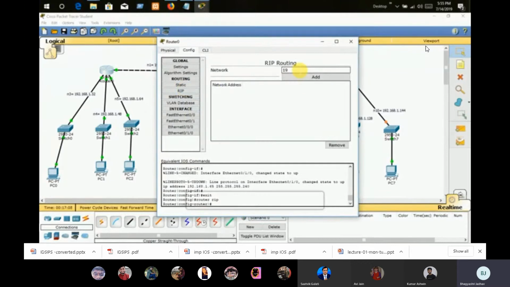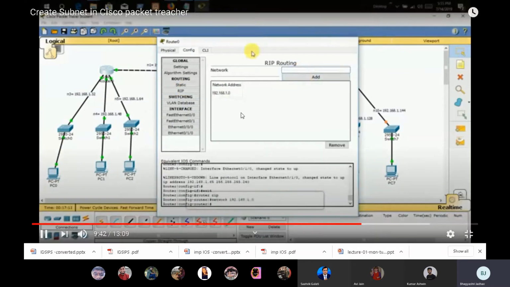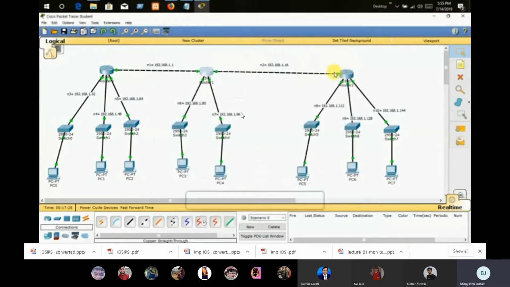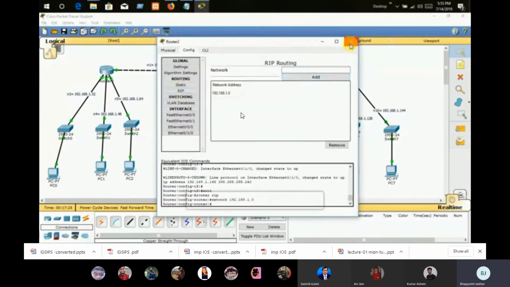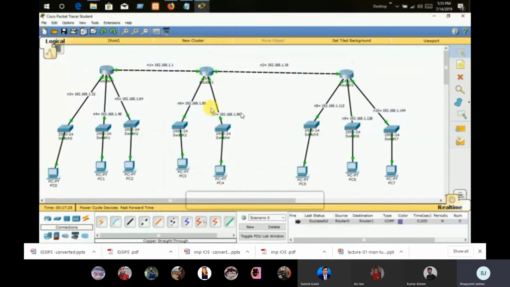Now RIP, Routing Information Protocol, for all the networks in this option. Now he adds it here. Then for the second router, the network ID, and the third router, 1.1.3. See, successfully, router 1, router 2.